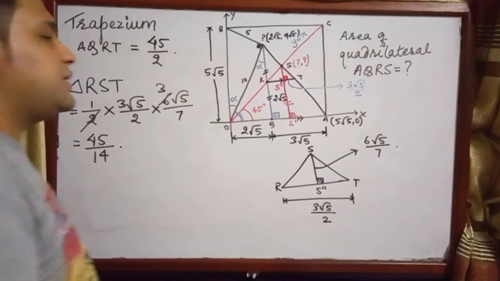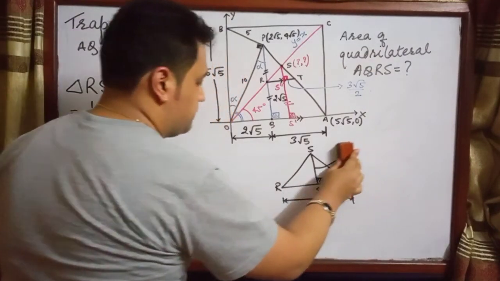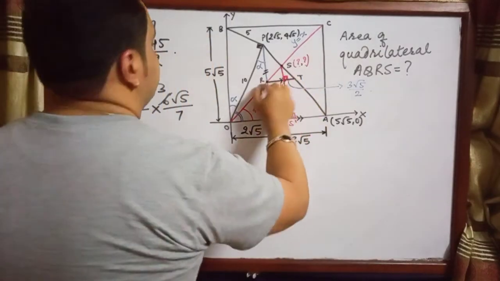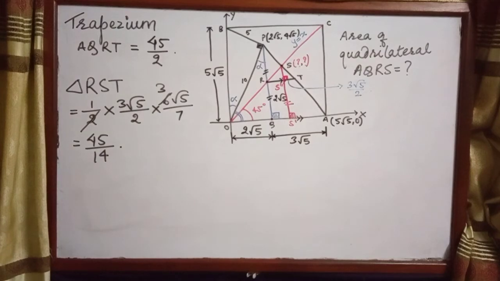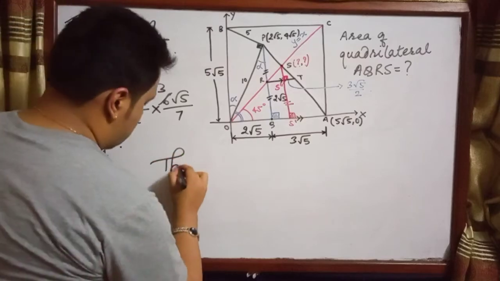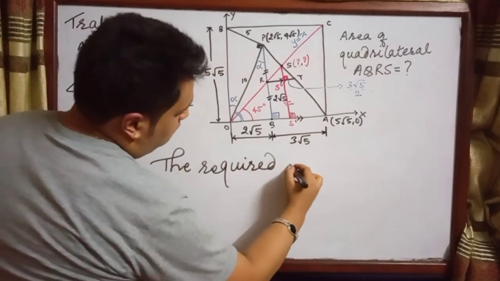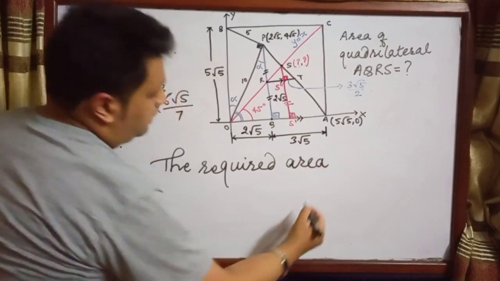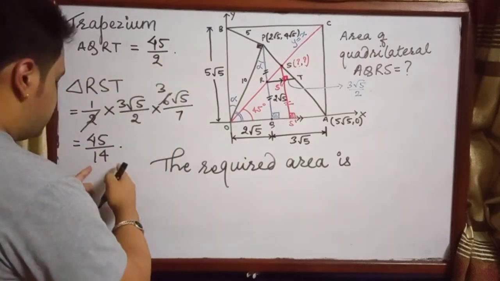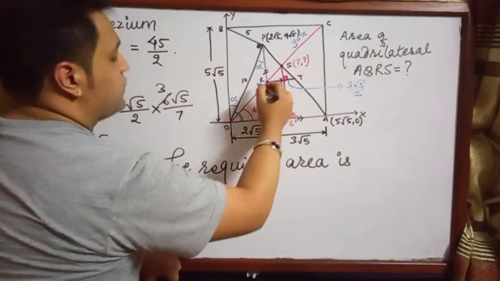Now we're basically done. All we need to do is add these two areas. We found the area of this part and this part. So the required area is this plus this, isn't it? This trapezium plus this triangle.